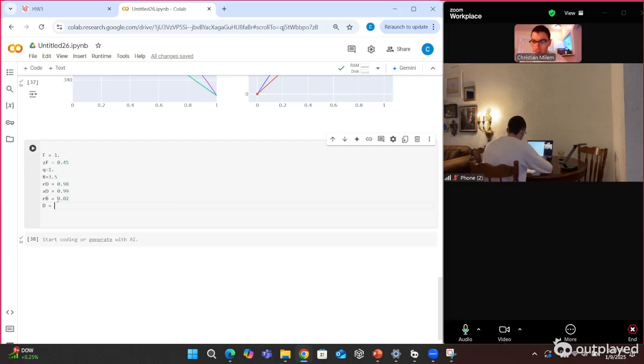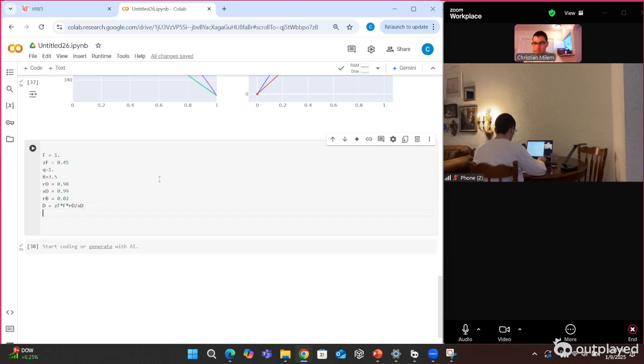And for our distillate, from the moles coming into the feed, we have 0.98 of that, so RD times F divided by XD. Okay, so we have D.